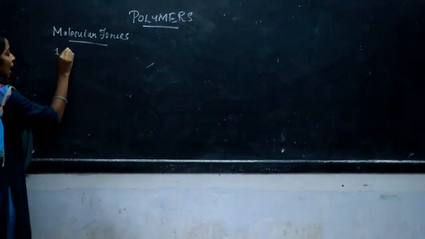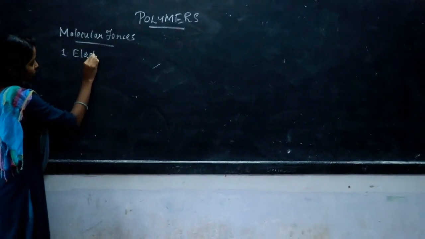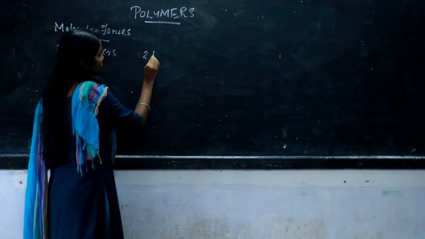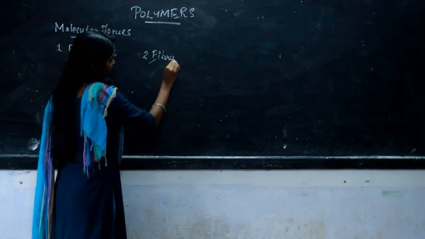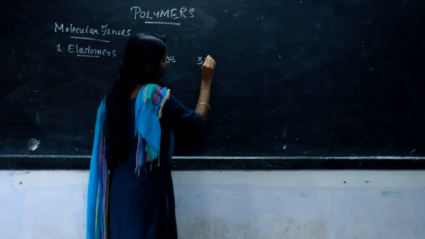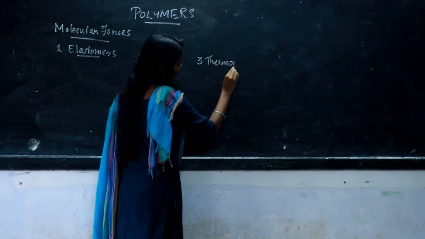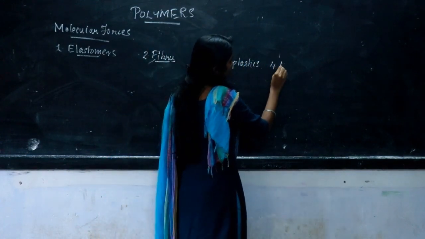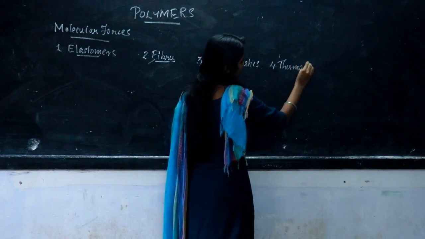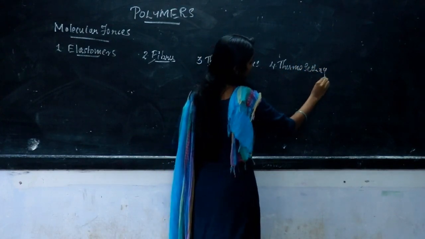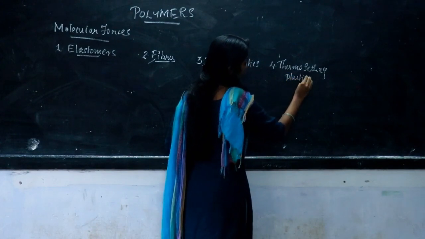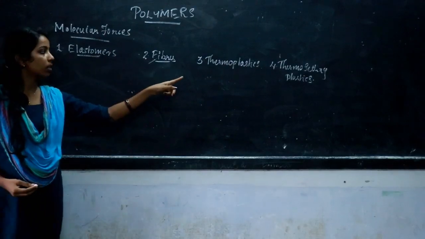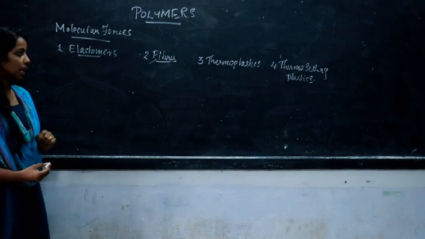First one is elastomers, second one is fibers, third one is thermoplastics, and fourth one is thermosetting plastics.